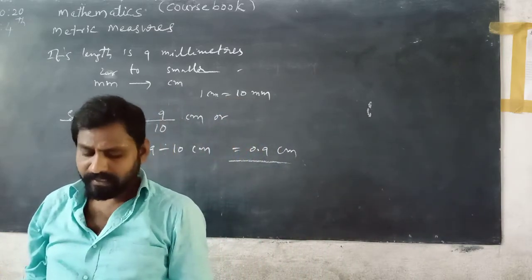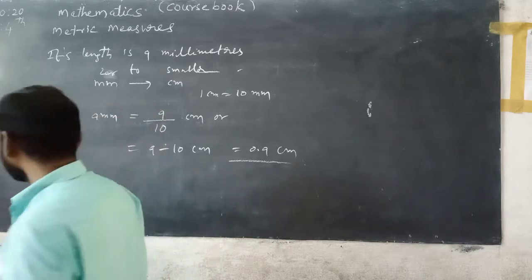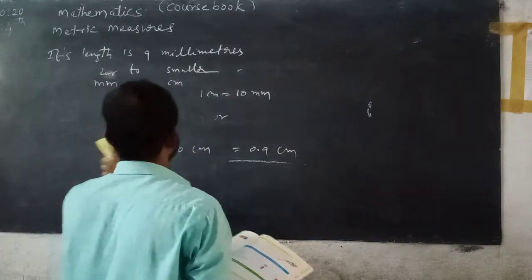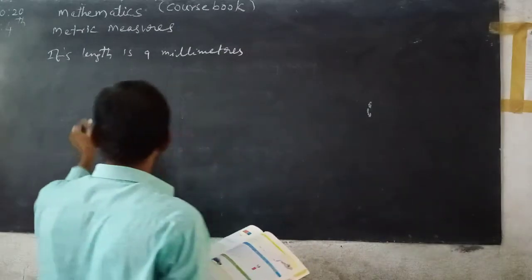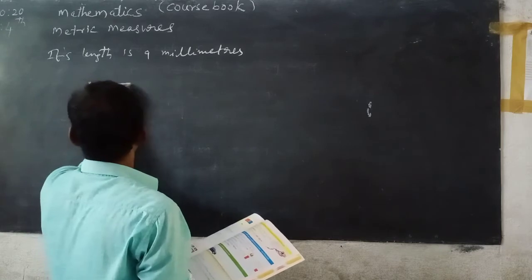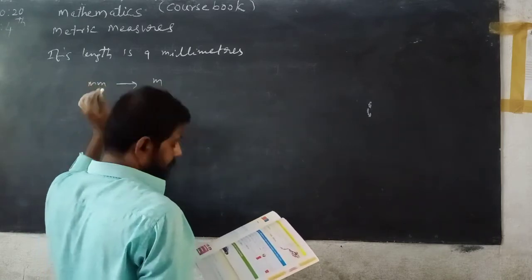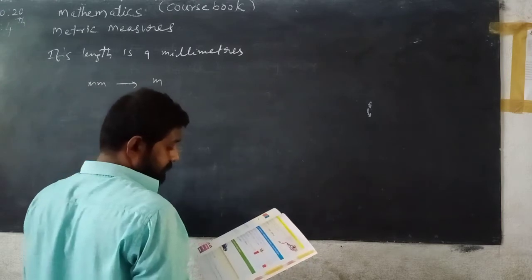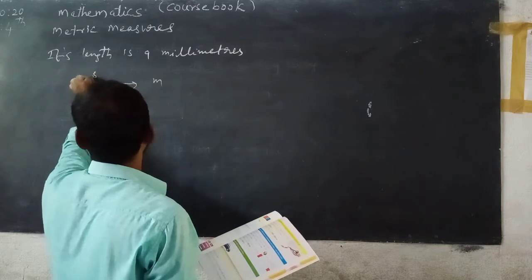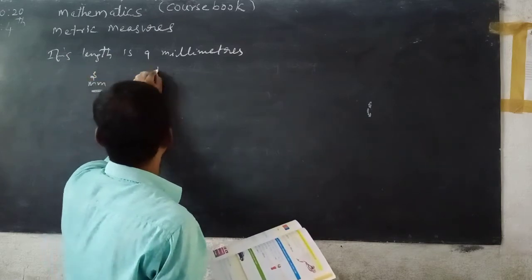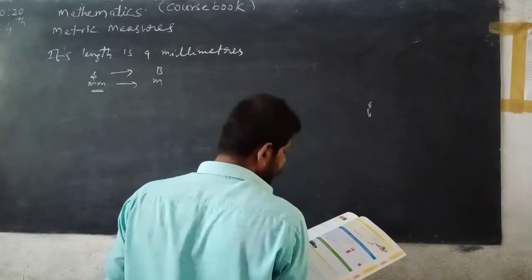So, same to express millimeters in meters. Millimeter is converted into meters. See here, millimeter is smaller, meter is bigger. So small to big we have to take a division method by 1000.